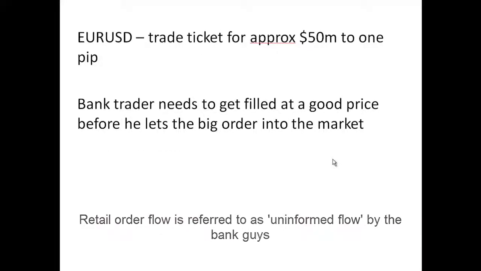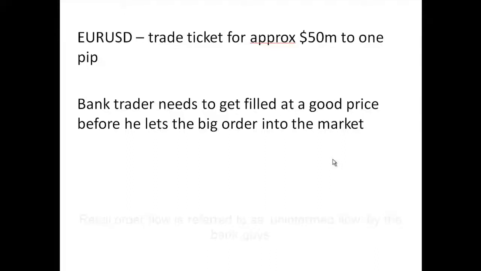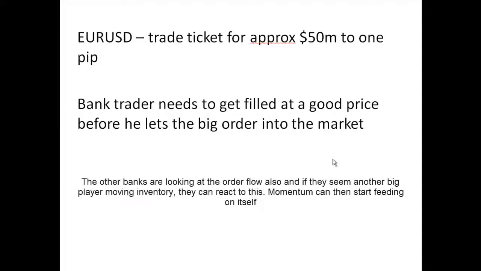Now, just to give you some background, euro dollar is the most liquid currency pair, and at the liquid times of the day, which typically are the London and New York sessions, you can actually get fills on a euro dollar trade ticket up to about $50 million within a pip. The market will eat up that sort of volume, no problem at all. But if you're a bank trader and you want to put, say, a yard or 2 yards into the market, that's a lot of money, and other people will see you coming in with those sort of orders, and that'll start moving the price.